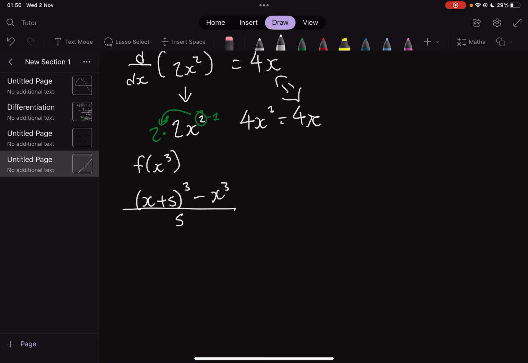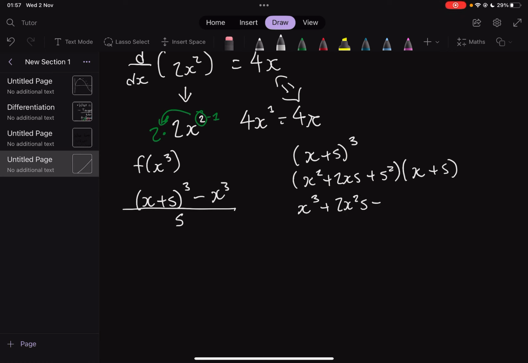Now, expanding x cubed, that's just x squared plus 2xs plus s squared multiplied again by x plus s. So that gives you x cubed plus 2x squared s plus x s squared, and then plus another sx squared plus 2x s squared plus s cubed.